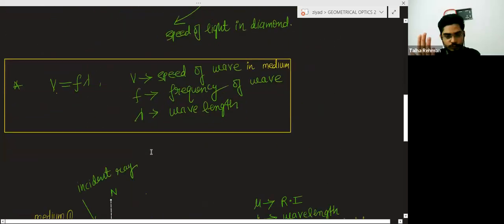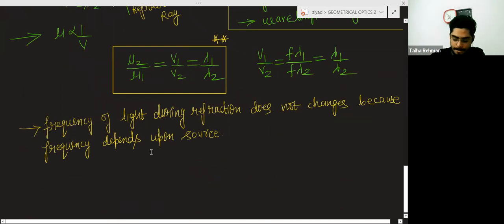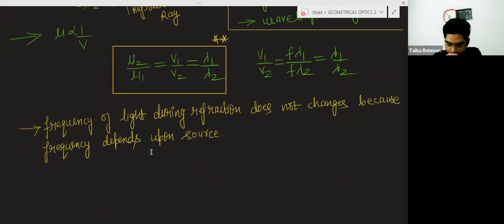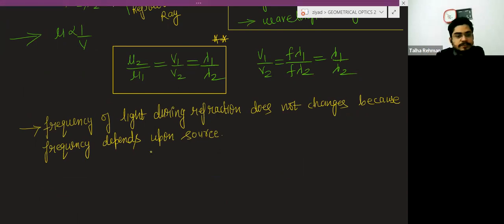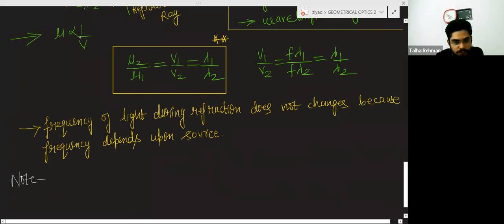Here is one more thing I want to tell you. Relative refractive index. If it is written as refractive index of medium 2 divided by the refractive index of medium 1, this can be written as refractive index of medium 2 with respect to medium 1.